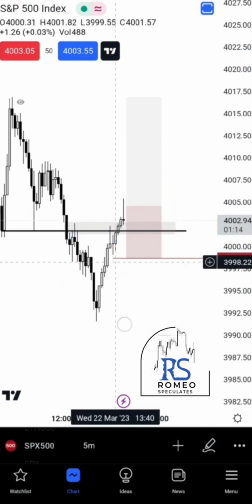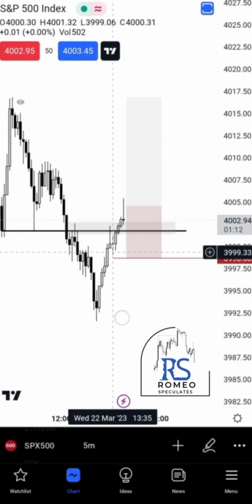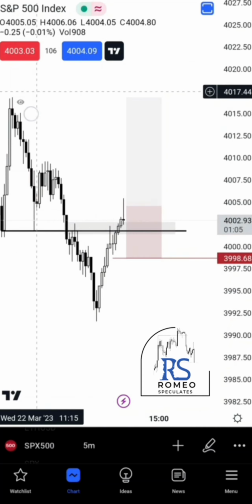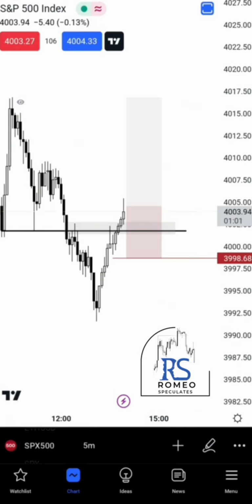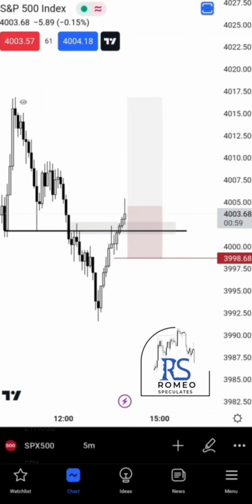So we're assuming that this intermediate term low at 135 is the new floor until we take out this 1030 high. And then from there, I'm expecting a turtle soup reversal into new lows, into the December liquidity pool.